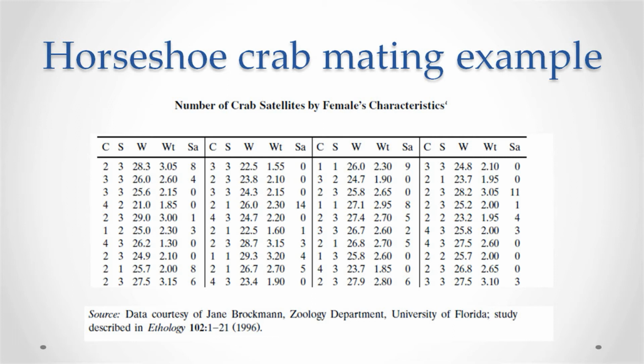WT is the weight measured in kg, and SA is the number of satellites. The original source for this data set is Brockmann of the University of Florida, described in the journal Ethology, but it has also been discussed in detail in the 2002 book by Agresti.